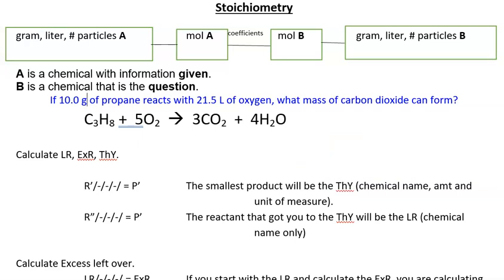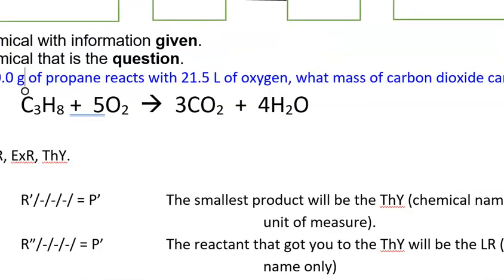Now, R prime means a reactant, and R double prime means a different reactant, as in this could be the propane and this could be the oxygen. But we will go to the same product. So P prime is a product, P prime is a product, same product, same units.